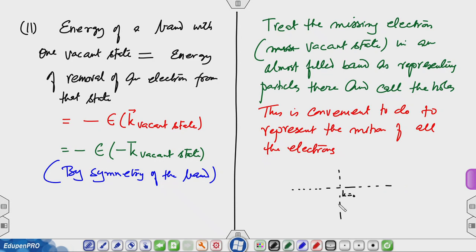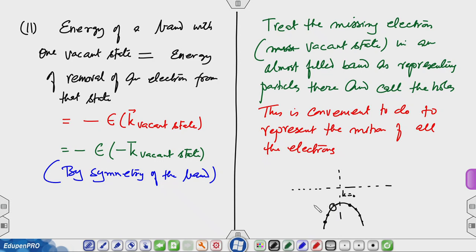But for the time being, if I have a band with k equals 0, I have this band where I have these electrons filled and a vacant state.